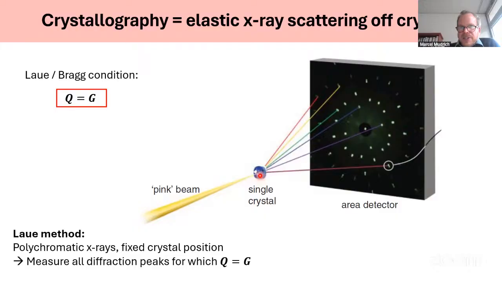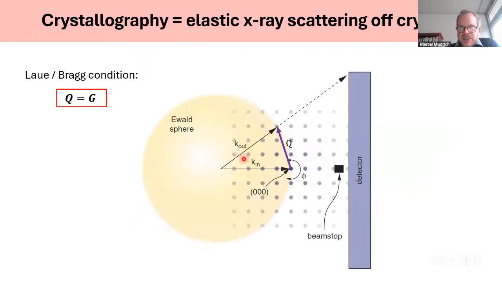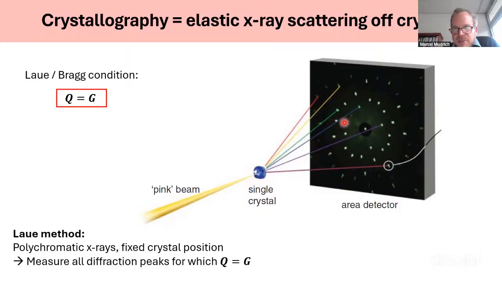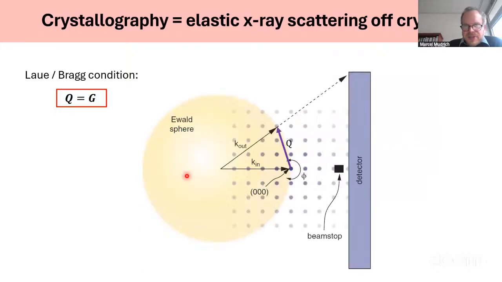And now the question is, here you would see, or what we see is many bright spots on the screen. Whereas in this construction here, the Bragg or the Laue condition is actually only fulfilled for this one specific angle, right?